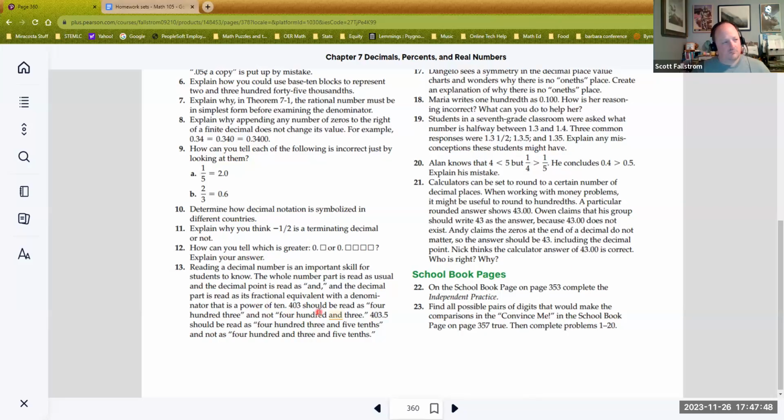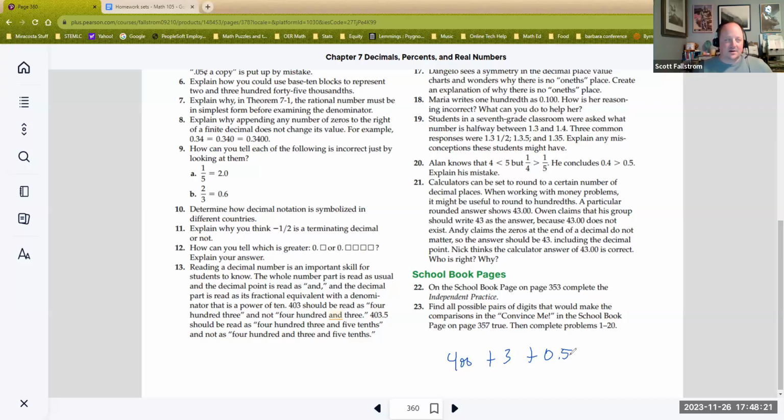Some of you, I know, maybe you got used to saying it a particular way. That doesn't mean that it's the proper way to say it, as you know. The reason for that is that we do not want the and to become utilized for all additions, honestly. So is there anything wrong with saying that? Remember, if you write this in expanded form, isn't this 400 plus 3 plus 0.5? We write it this way. So 403 and 5/10.